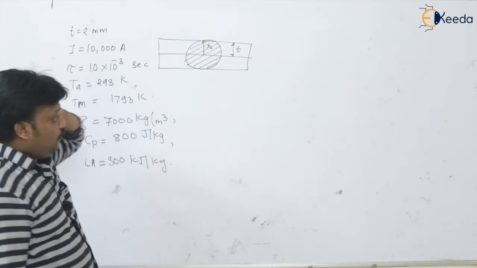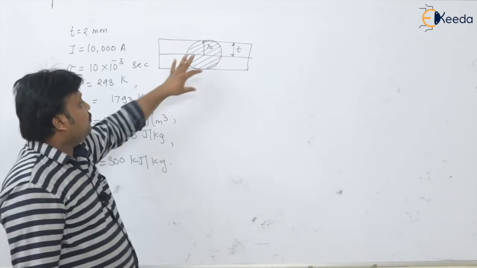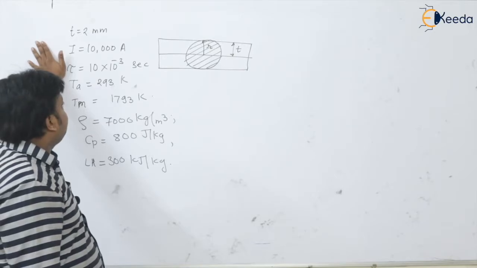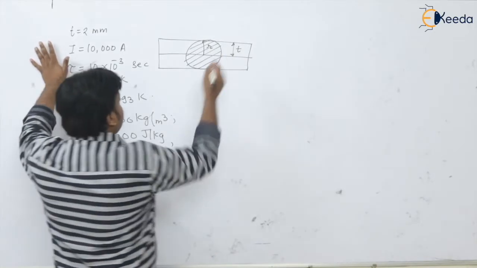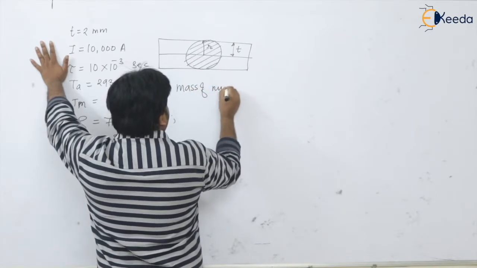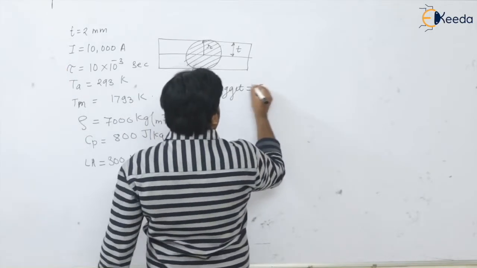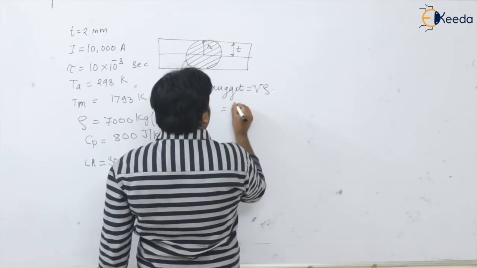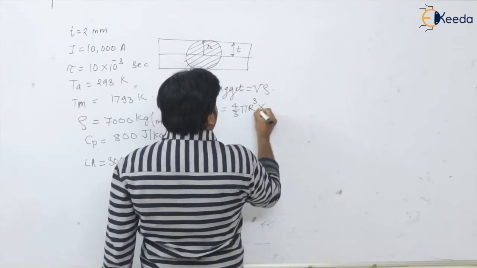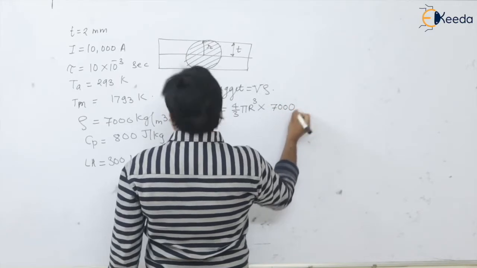So first of all, this is the spherical weld nugget. For that we have to calculate the mass of the nugget, isn't it? So what is the mass of the nugget? It is nothing but volume into density. Volume is 4 by 3 pi r cube, into density 7000.